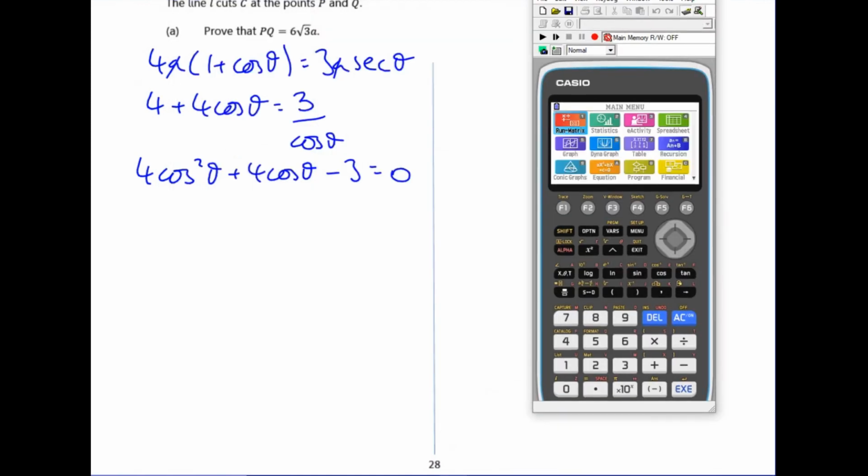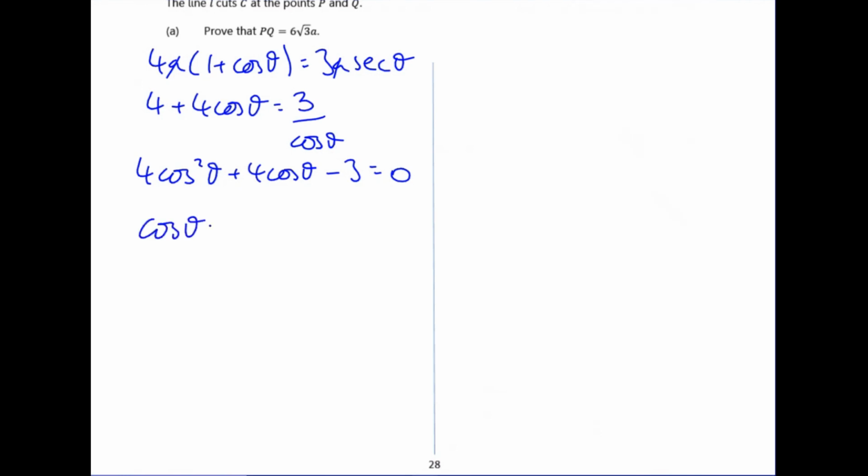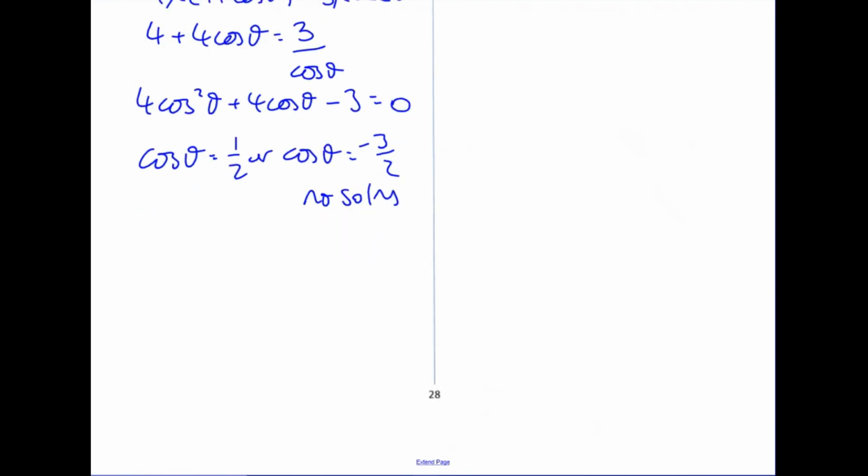Solve this quadratic in your calculator. We'll get 2 values of cos: a half and minus 1.5. Cos theta equals minus 1.5 has no solutions because it's less than minus 1.